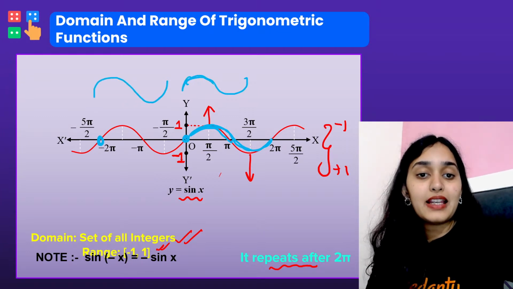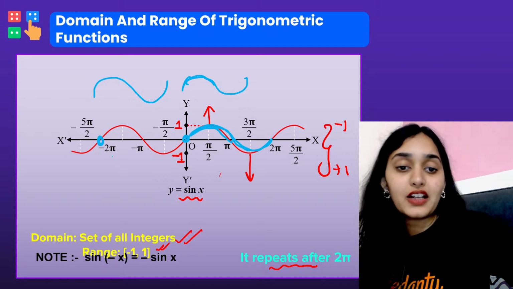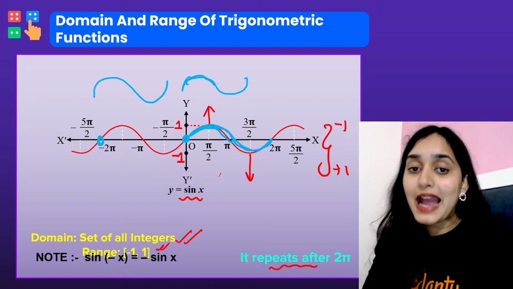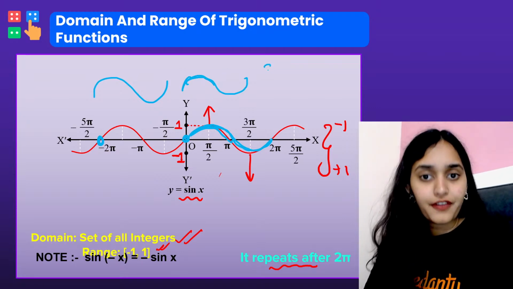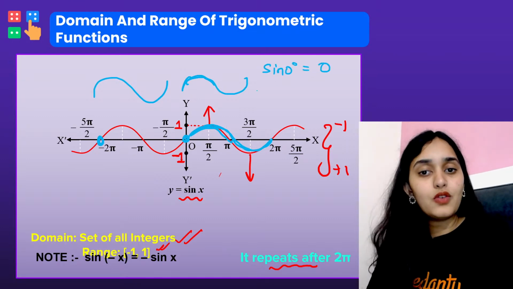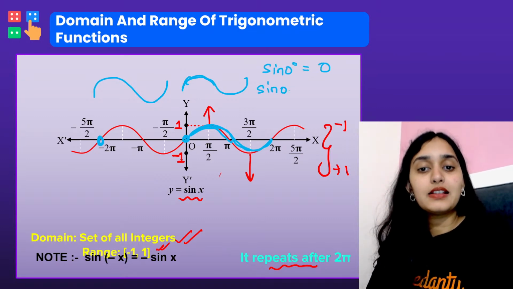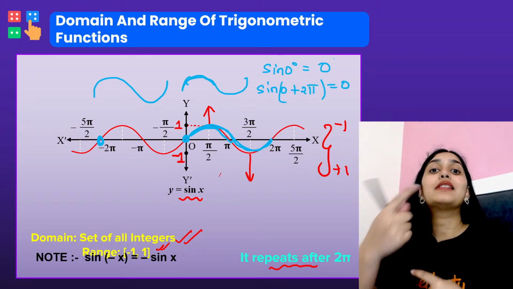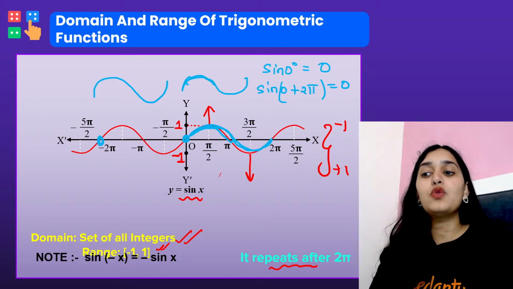So basically the graph of the sine function repeats after every 2 pi. That means if sine 0 is 0, then sine of 0 plus 2 pi will also be 0. So it will repeat the same value after every 2 pi angle.